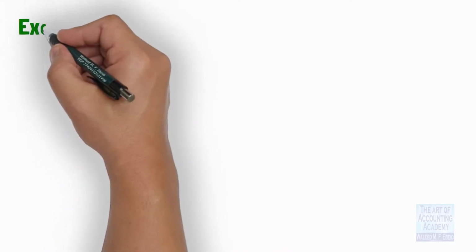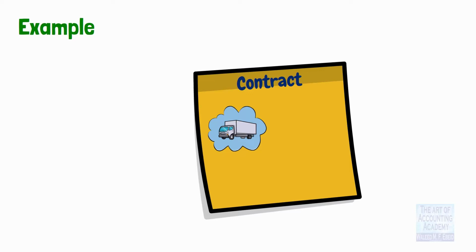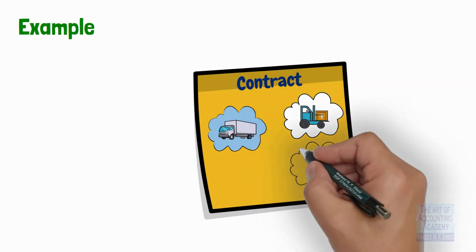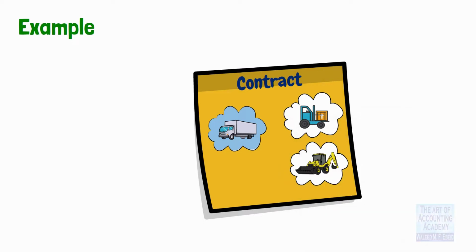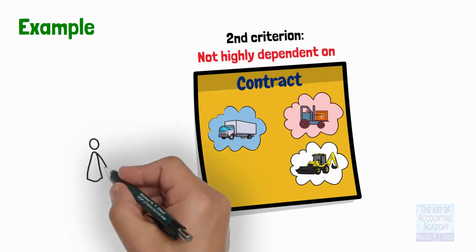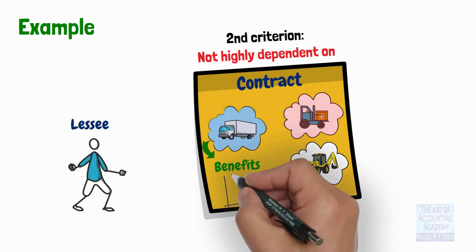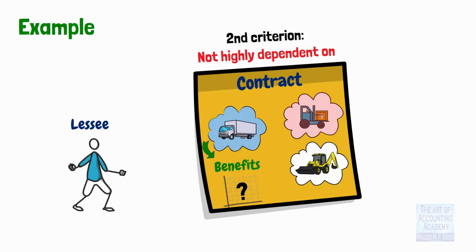In our previous example about the leased vehicle, assume that the lease contract included other underlying leased assets in addition to the leased vehicle, like for example a forklift. The second criterion examines whether the lessee's ability to derive benefits from the leased vehicle is significantly affected by other leased assets in the contract, the forklift.